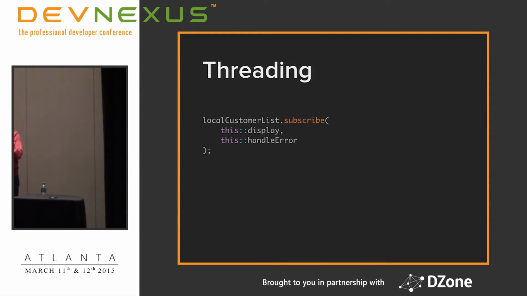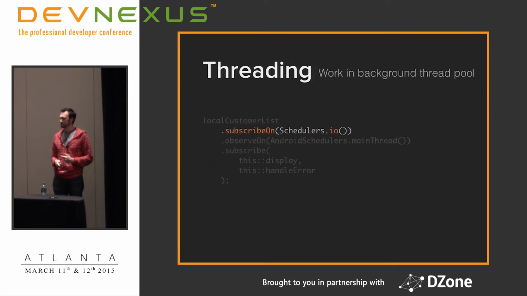Okay, so threading. We haven't talked much about threading, and by default, things are going to all run on the same thread, but it's easy to configure what thread they run on. We don't have to change any of the code we wrote to make it run on different threads or in thread pools. So I mentioned schedulers.